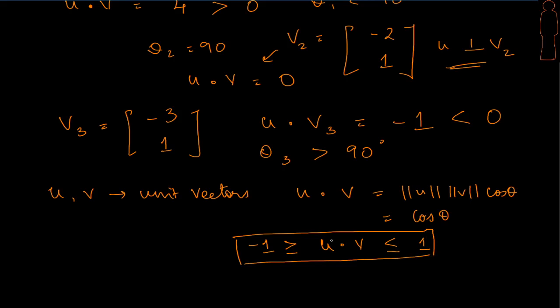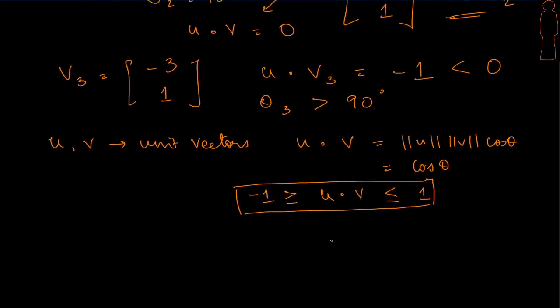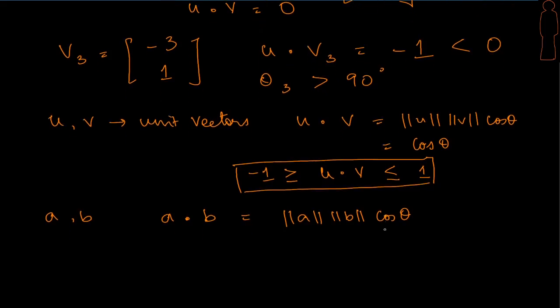Okay, now let's say that we talk about two general vectors, right? Let's say I have A and B, two general vectors. So what would A dot B be? We know that this is going to be the magnitude of A times the magnitude of B times cos theta. Theta is the angle between A and B. Now let us make them unit vectors.